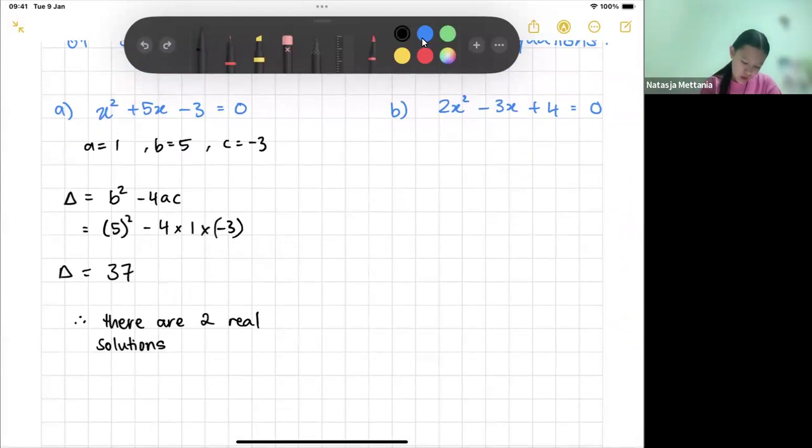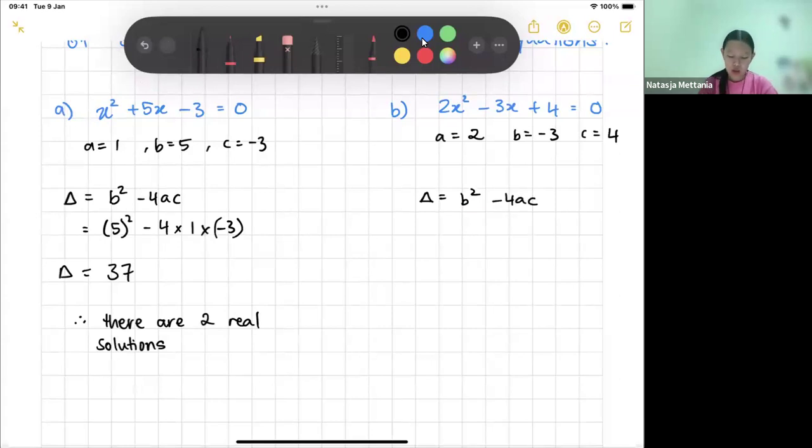Next one, 2x squared minus 3x plus 4 equals 0. Once again, same thing. I'm going to find what my a, b, and c are. My a is 2, my b is -3, and my c is +4. I'm going to write down the equation again.